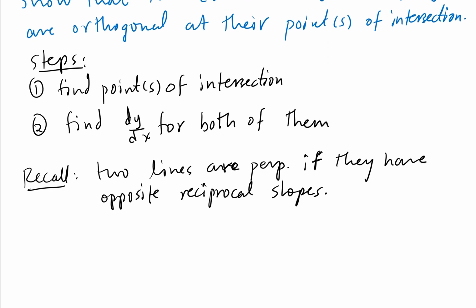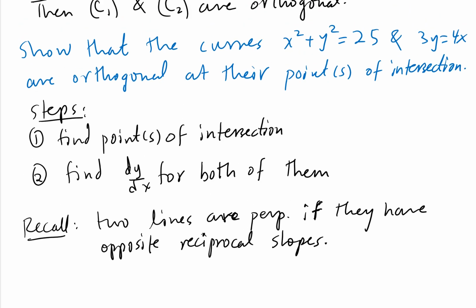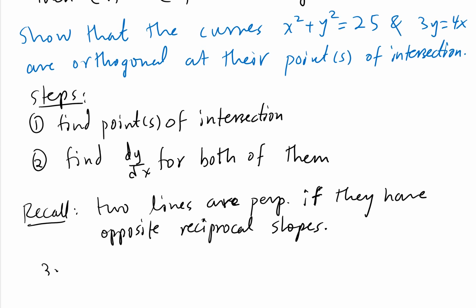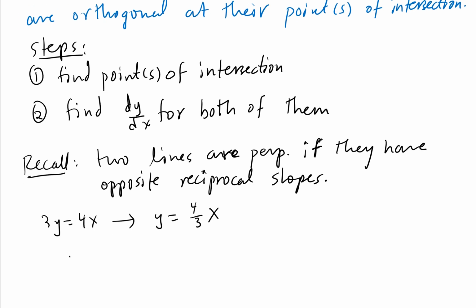So first thing, we find their point of intersection. From 3y equals 4x, you can solve for y, which is 4/3 x, and substitute into the other equation, x squared plus y squared is 25.